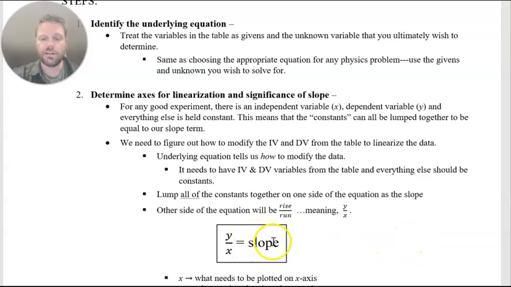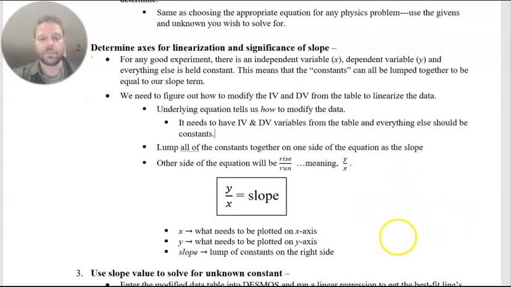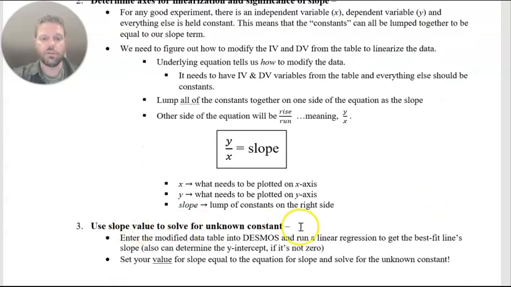So once we lump all those constants together that are going to make up our slope, they should be equal to whatever we want on our y-axis and whatever we need to have on our x-axis. And that's going to be how we can then create a linear shape. And again, once we plot the graph, we can go ahead and get that slope value and use it to calculate an unknown constant. Let's try an example.